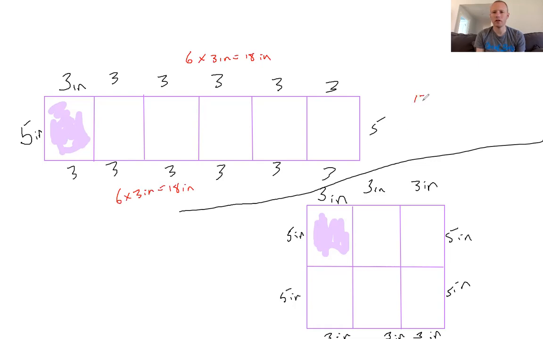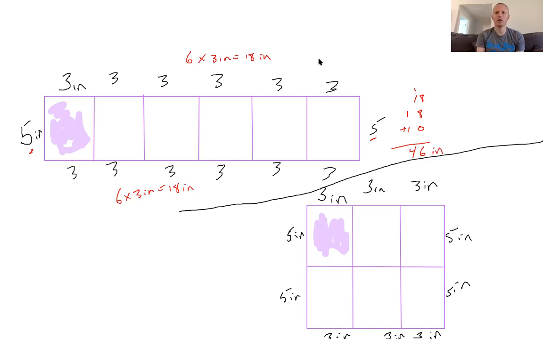So I have 18 plus 18 plus a total of 10, if I take this 5 and that 5 and add them together. 8 and 8 is 16. So I put my 6 in the ones place and I carry the 1. 10, 20, 30, 40, and 46 inches for my perimeter.